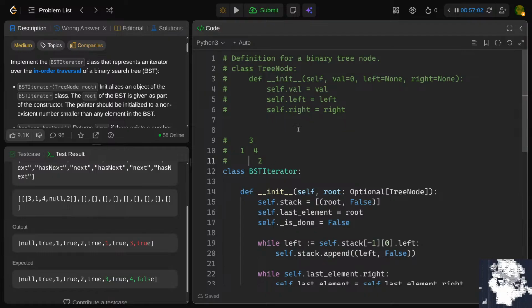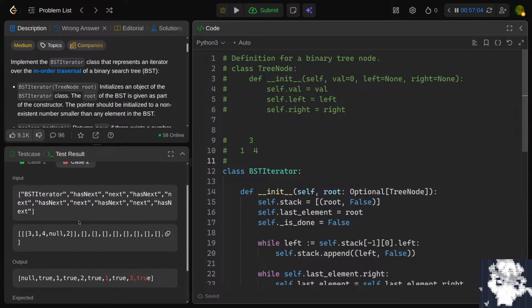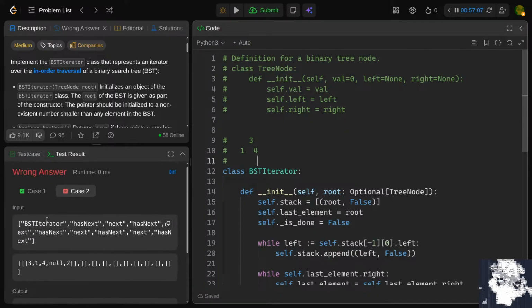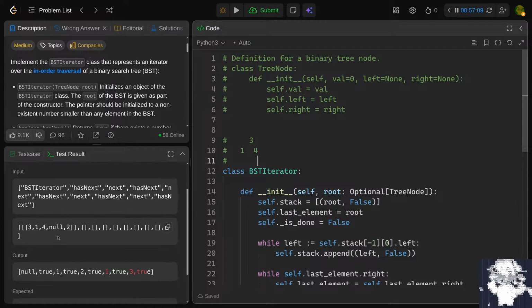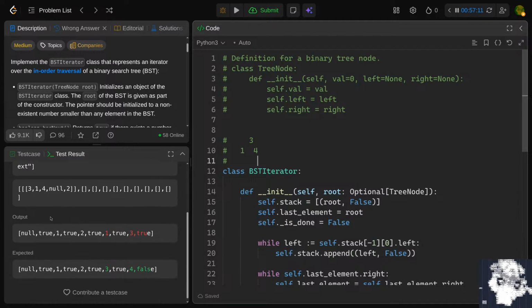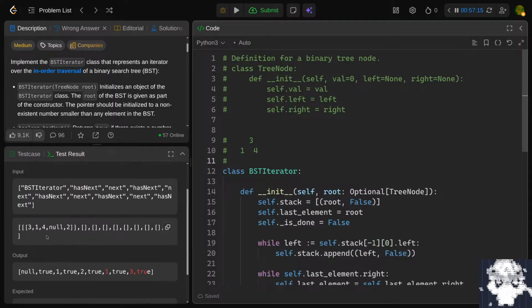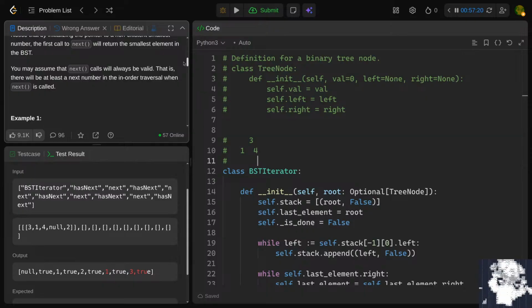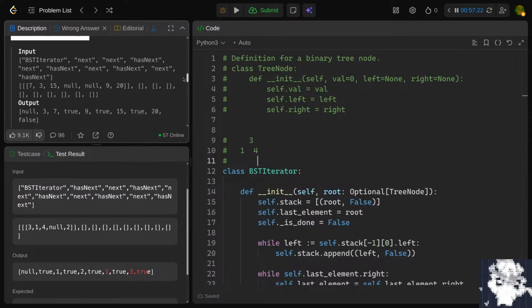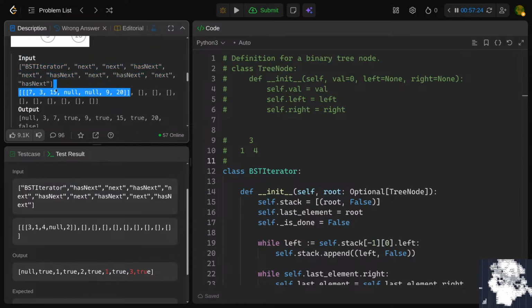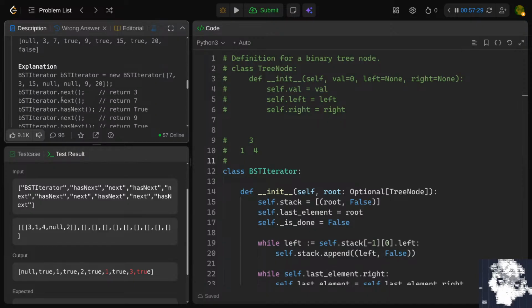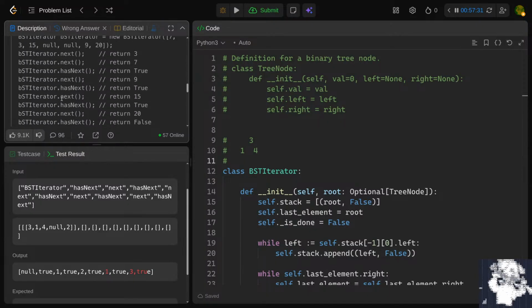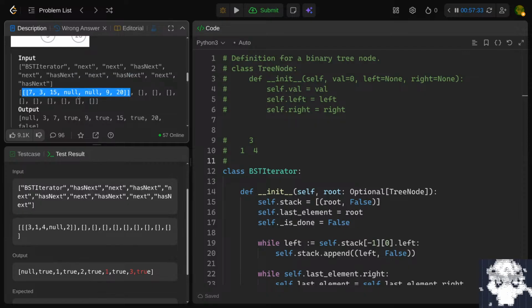I don't know. How do I read this input? Why can't I just see what the stupid tree looks like that I'm trying to parse? It doesn't say what the order of that tree is, right? It just doesn't explain how to read this input. I guess I can figure it out from the example.